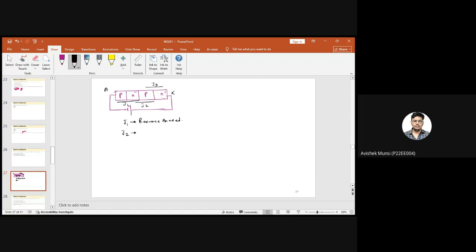J2, since negative is connected to N and positive to P, is forward bias. And J3, positive to N and negative to P, is also reverse bias. So this is the state I mentioned, the reverse blocking state.